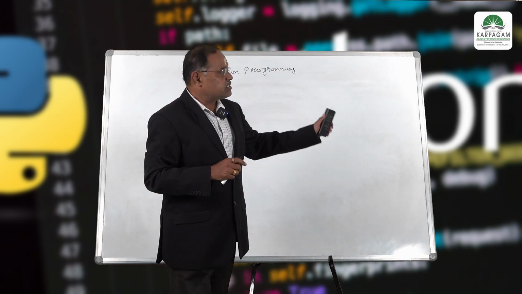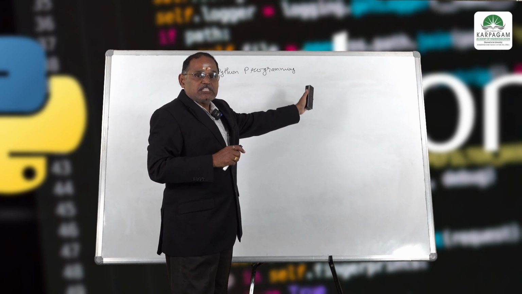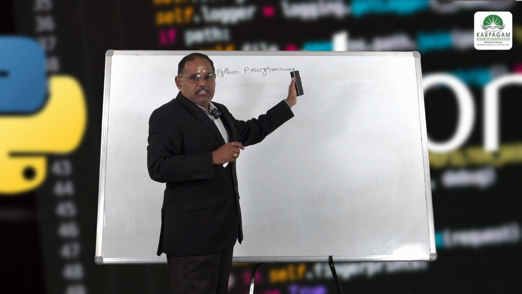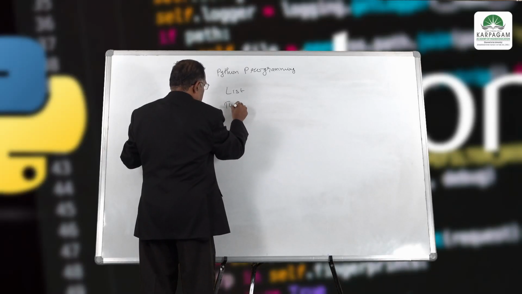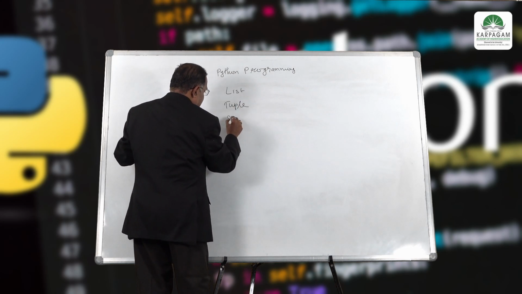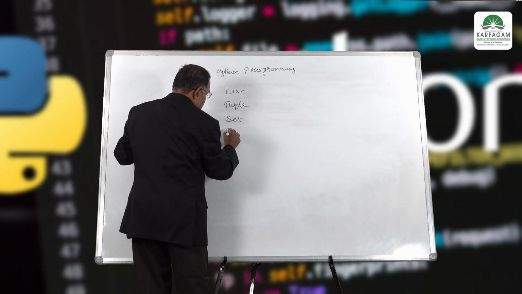Today, we are going to see in this session is list, set, tuple and dictionary. So far, we have completed introduction to Python, data types, functions, operators, and strings. We have completed all those things. Now, we are in the data structure concept, that is, again I am saying this, list, tuple, set and dictionary.